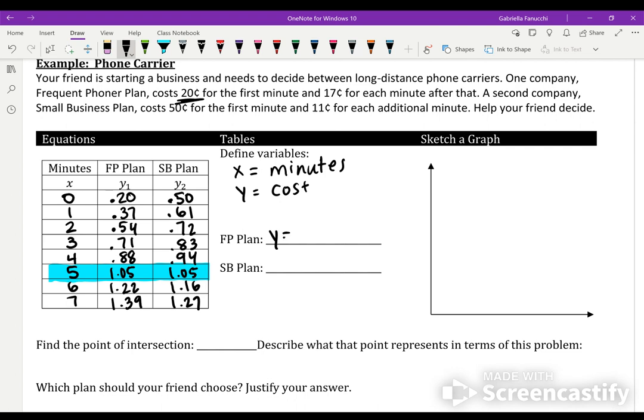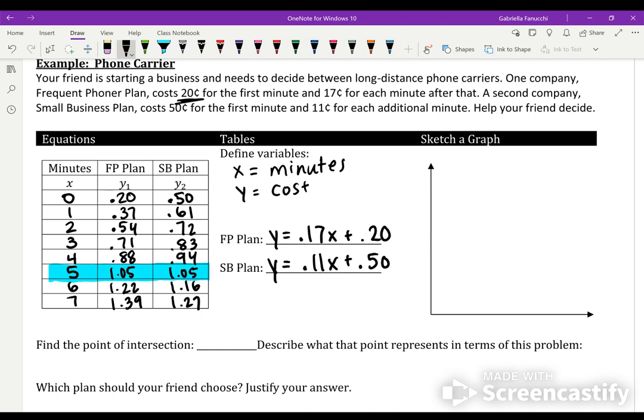So we know it's 17 cents each minute for the frequent phoner plan, so that is our slope, plus how much did it start off? It started off at 20 cents. For the small business plan, it starts off at 50 cents, and each minute after that, it's adding 11 cents. So that is our slope.